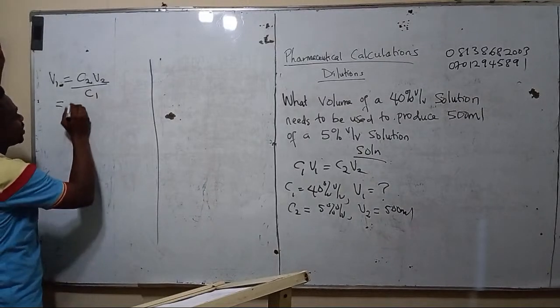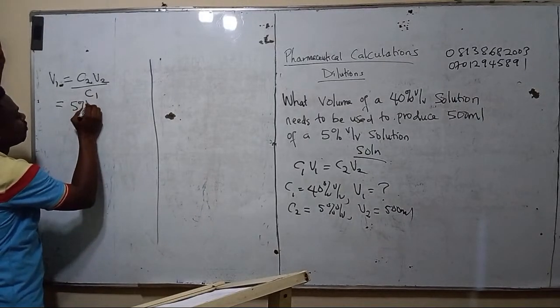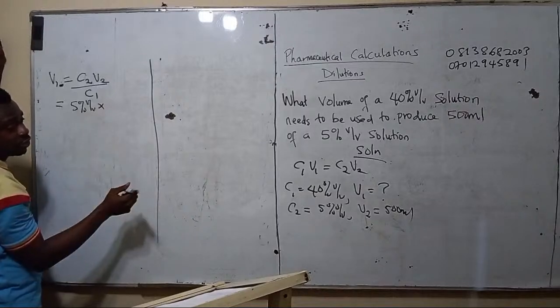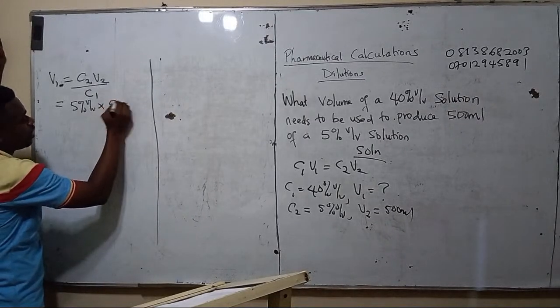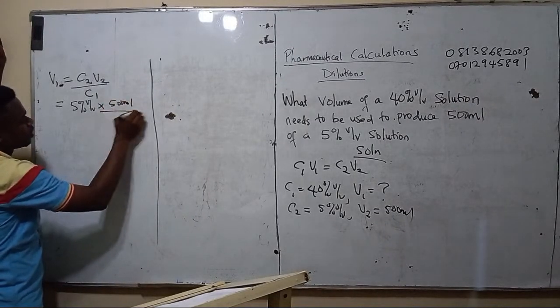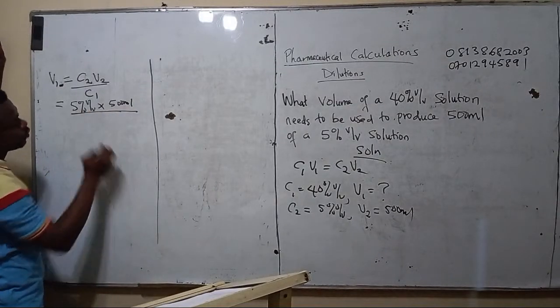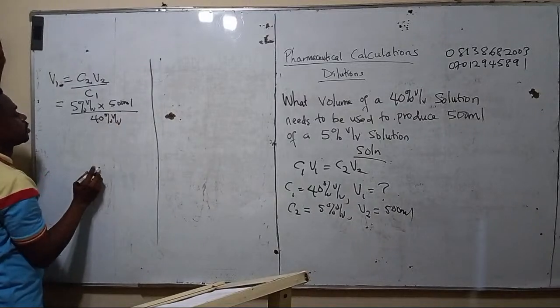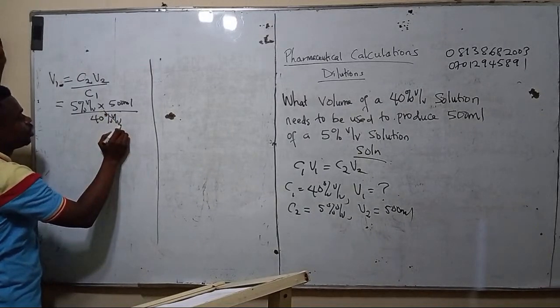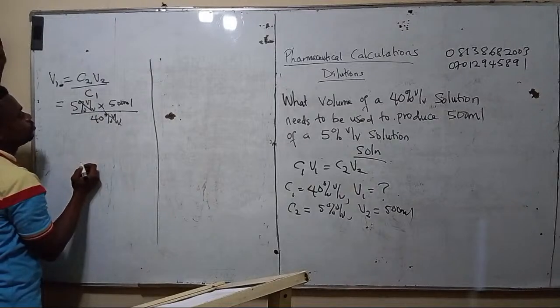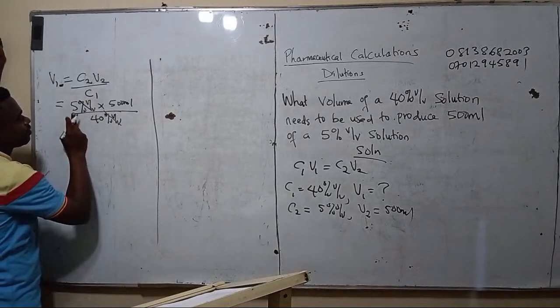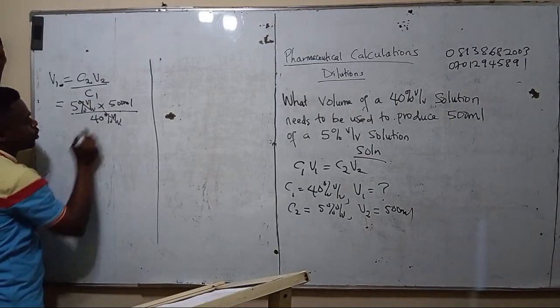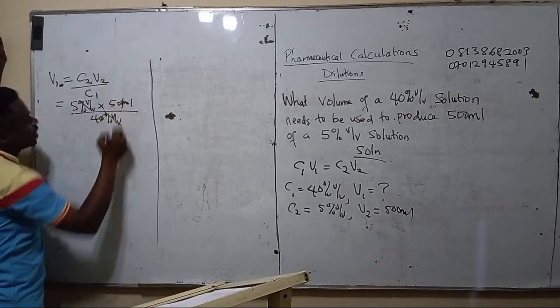C2 is 5% volume in volume times V2, which is 500 ml, all over C1, which is 40% volume in volume. Percent volume in volume will cancel percent volume in volume. So we have 5 times 500 over 40.